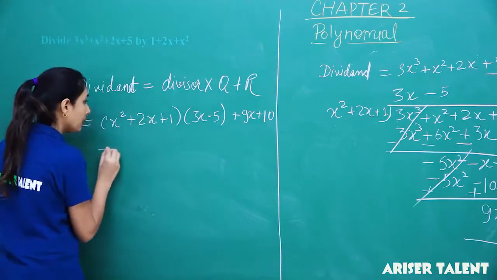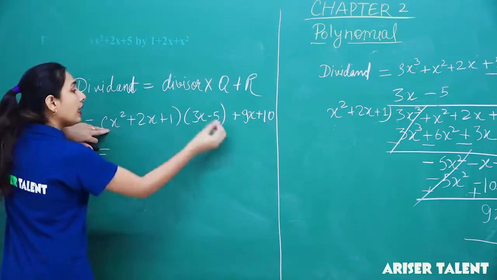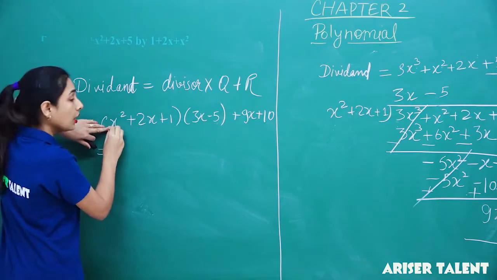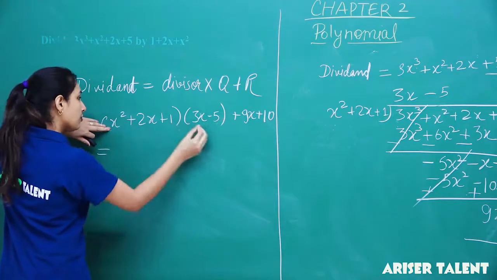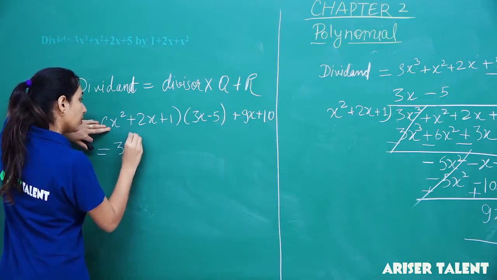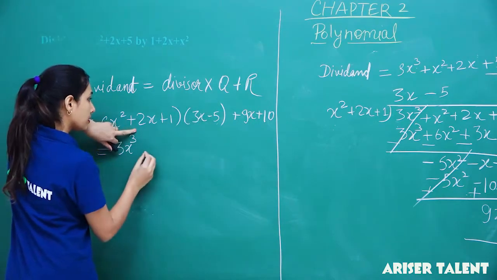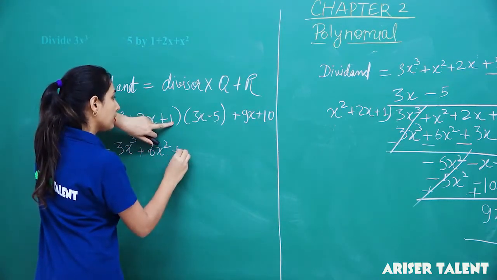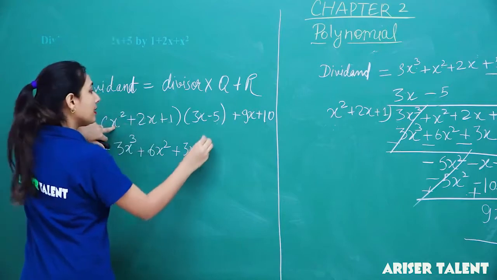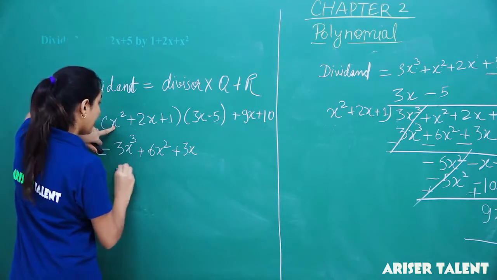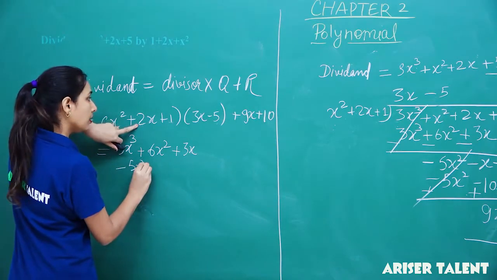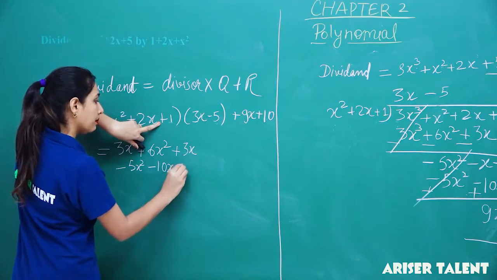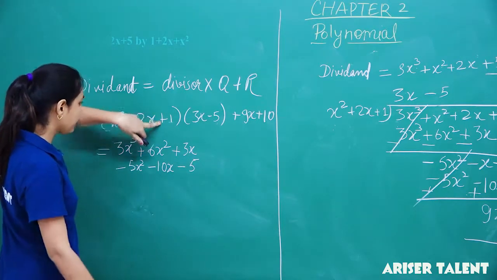Okay, so it will become x square, try now, multiply this term by this term, that will become 3x cube plus 6x square plus 3x, and then it will become minus 5x square minus 10x minus 5.